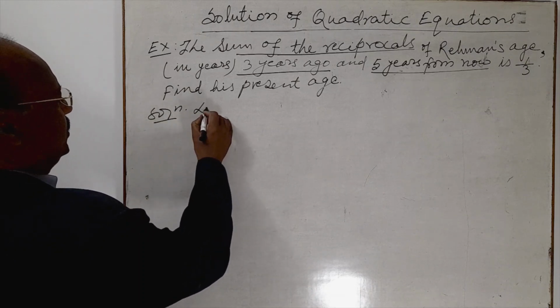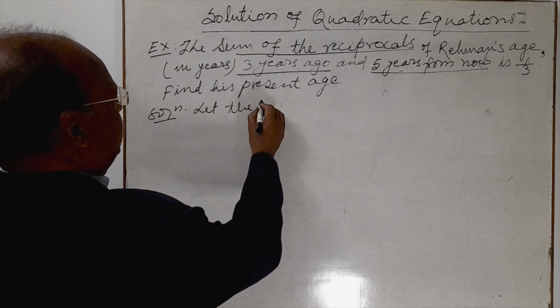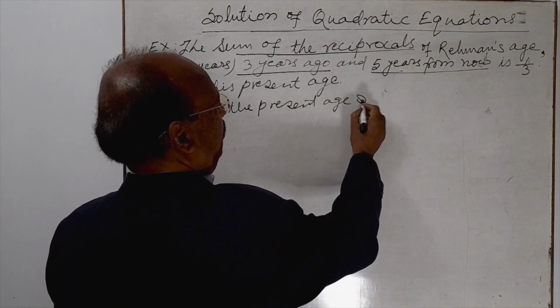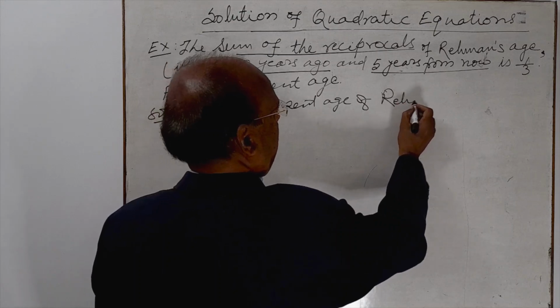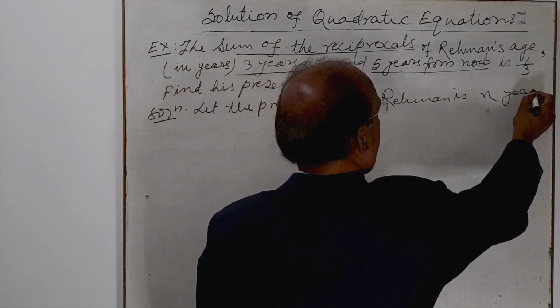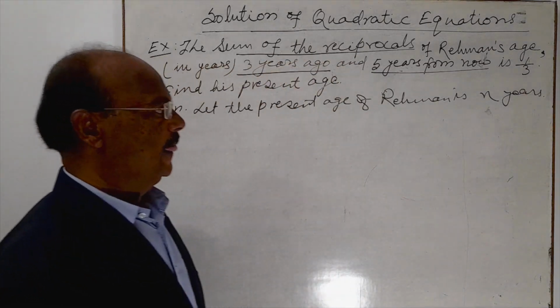So here we will suppose that the present age of Rehman is x years, correct?